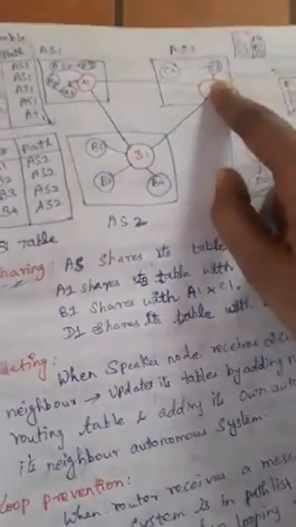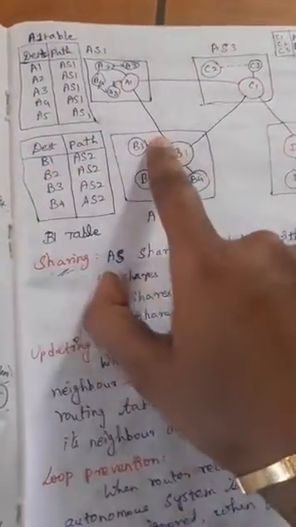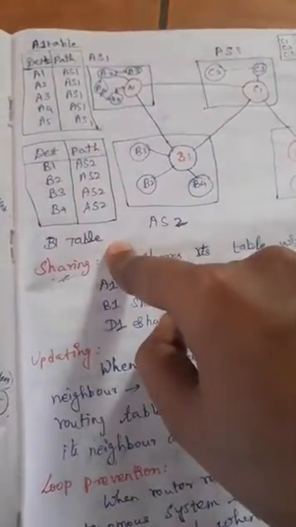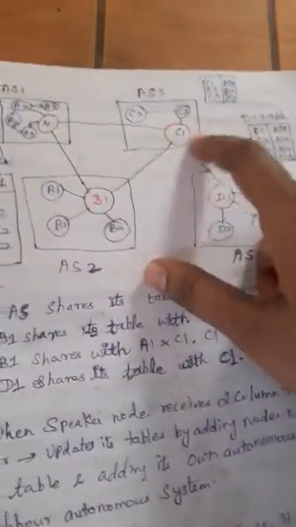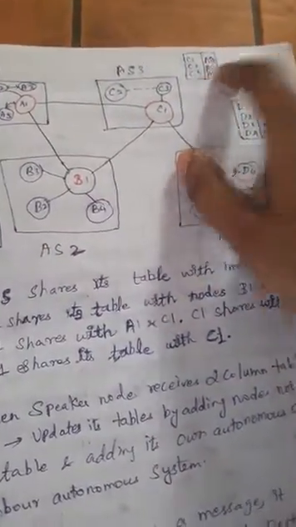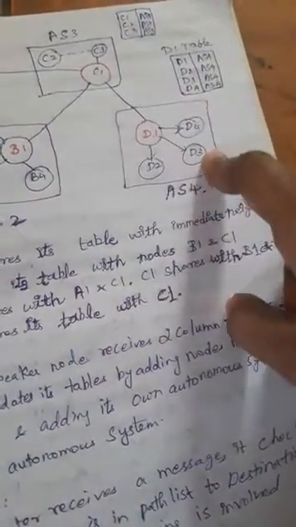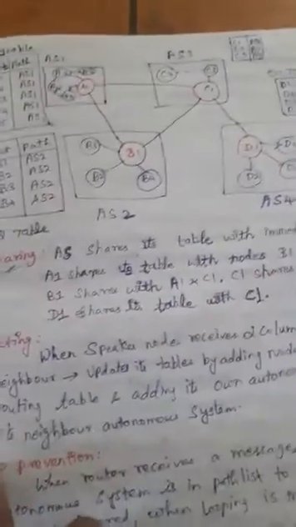For example, we take B1. B2, B3 and B4 exist in the autonomous system AS2. C1, C2 and C3 all exist inside AS3. D1, D2, D3, D4 exist inside the autonomous system AS4.